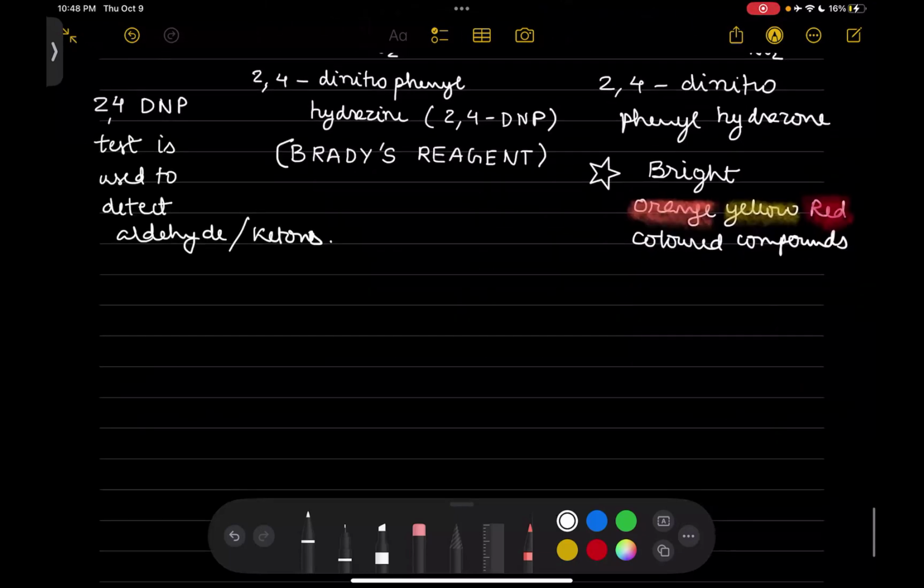Next is the last reaction of this series. NH2, NH, CO, NH2.